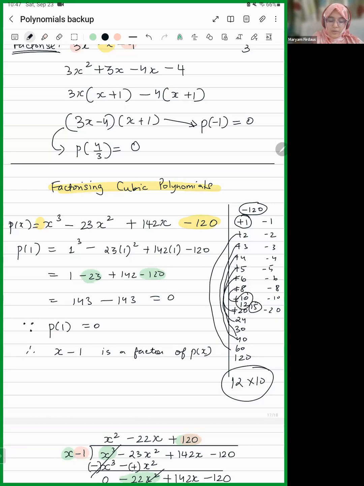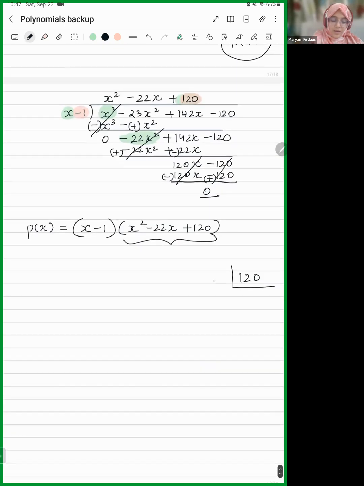So 12 into 10 will give you 120. Don't worry, in your exam, you most probably won't get such huge numbers which have so many factors. So over here we have 12 into 10 gives you 120. But here you have negative, so negative 12 into negative 10 also gives you 120.